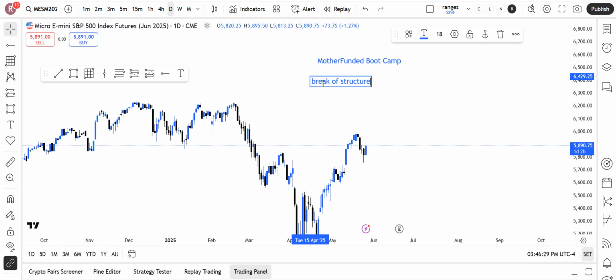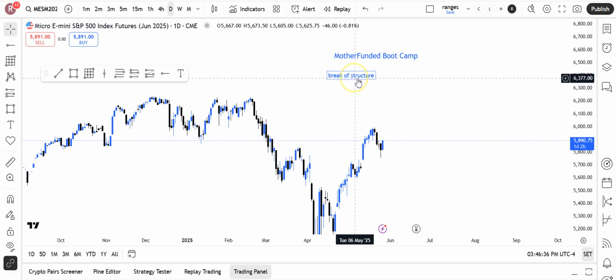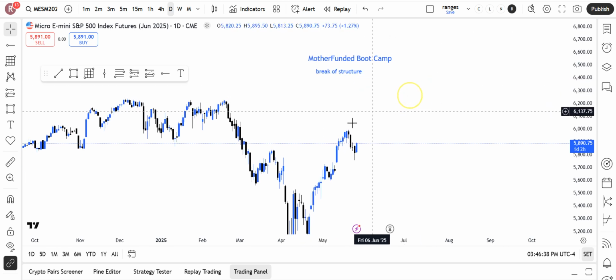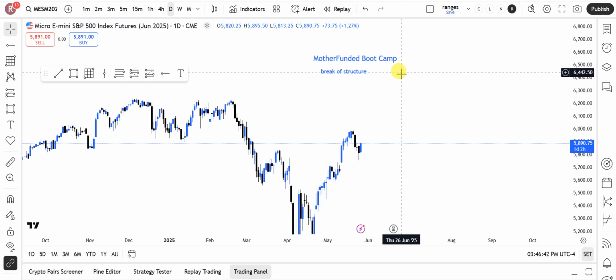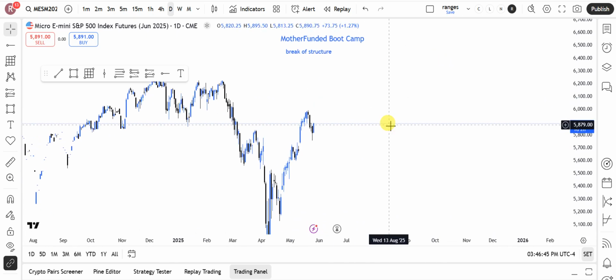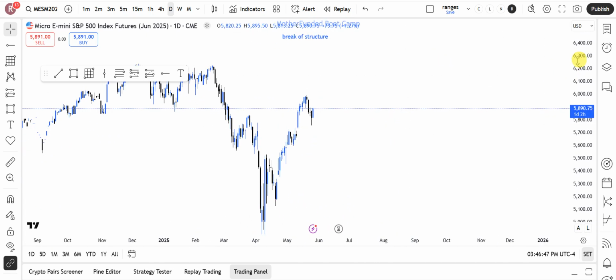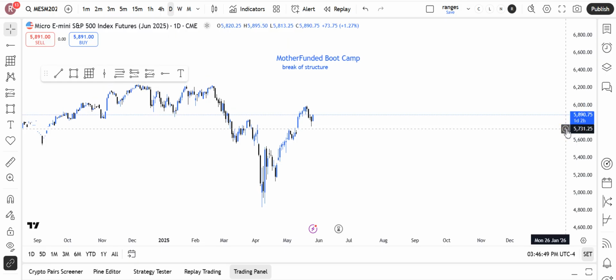This combines the liquidity sweep and swing high and swing low aspect. Basically, a break of structure is when a current market trend decides to have a little bit of a pause, or a retracement, or an altogether reversal.